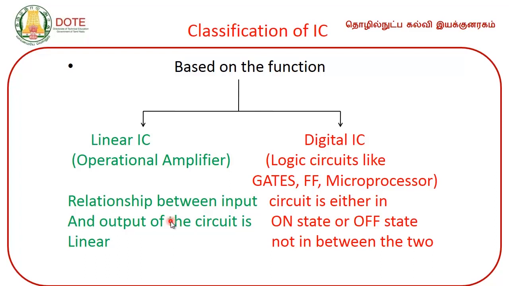So the input and output may have any value of voltage, whereas in digital IC there are only two possible values, that is 5 volt or 0 volt, 1 or 0. That is, the device in the digital IC will operate either in on state or in off state, not in between the two.